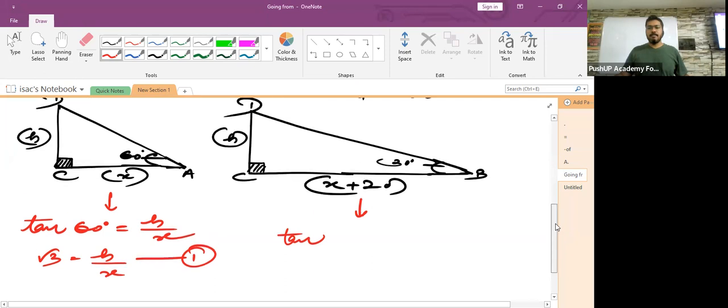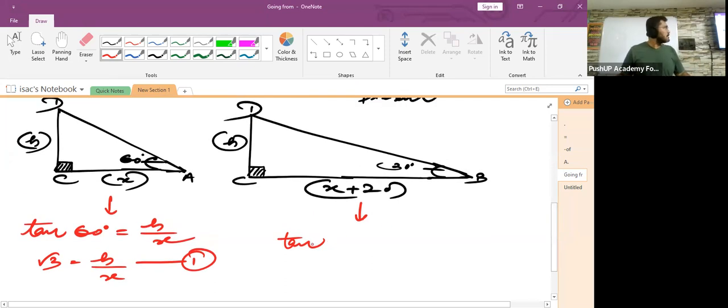Second figure. Tan of 30 is equal to what? Opposite, which is H, and adjacent, which is X plus 20.